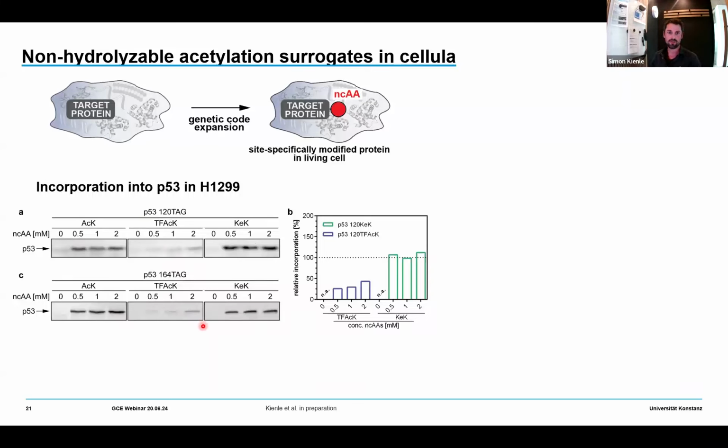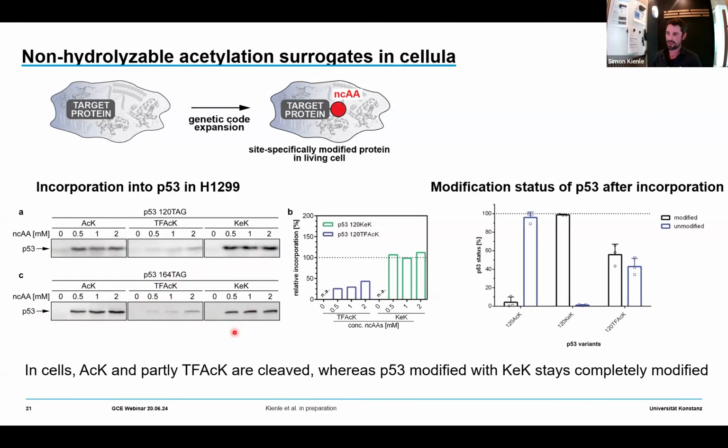And then we asked ourselves, what about the modification status? We can nicely incorporate acetyllysine. Do we actually need non-hydrolyzable analogs for acetyllysine? And what we observed here is that when we analyze the modification status of these P53 molecules, the great majority of them are unmodified when we incorporated acetyllysine, which makes a lot of sense since deacetylases are present and this is a hydrolyzable modification.